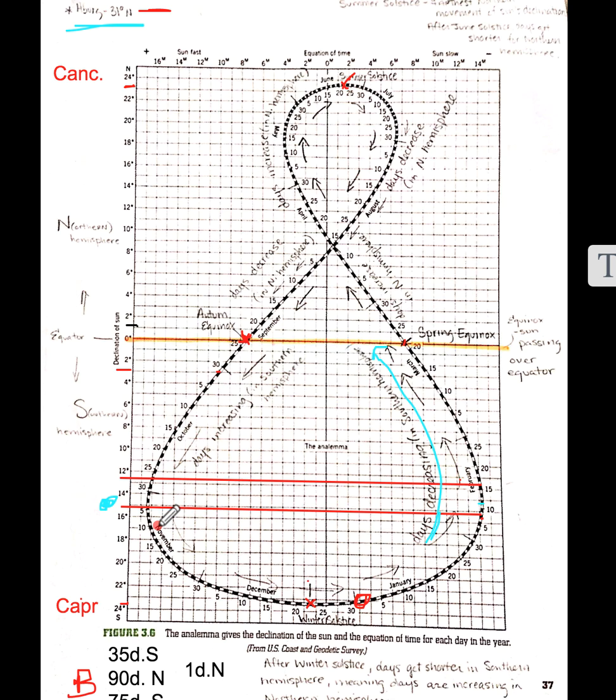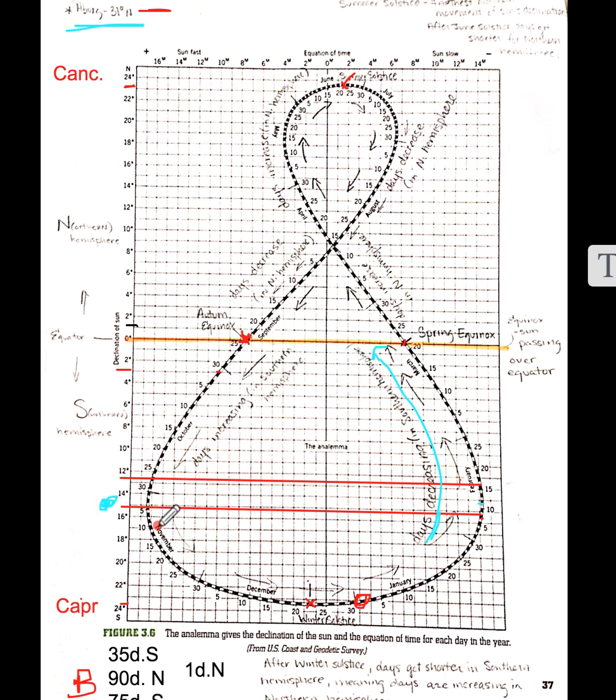Alright, page 33. Since the maximum declination of the sun is 23.5 degrees north or south, the lowest latitude to have 24 hours of daylight and darkness at some point during the year is 66.5 degrees north, which is the Arctic Circle, and latitude 66.5 degrees south, which is the Antarctic Circle.